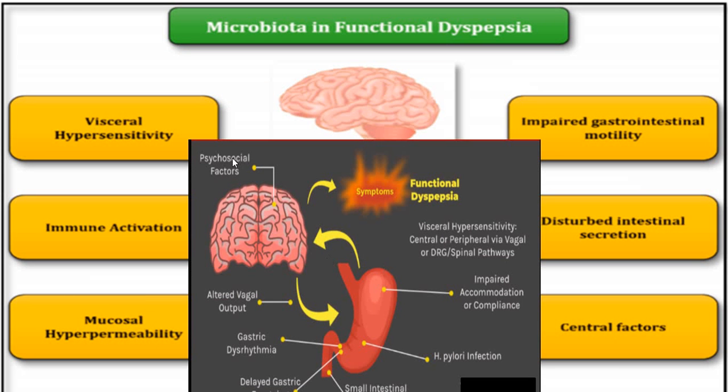And already proven psychosocial factors, that is anxiety, mental stress, altered vagal output, gastric dysrhythmia, delayed gastric emptying, small intestine dysmotility, H. pylori infection, impaired accommodation compliance, visceral hypersensitivity, central or peripheral or vagal, responsible for what we call visceral hypersensitivity, all together will produce symptoms and signs of functional dyspepsia.